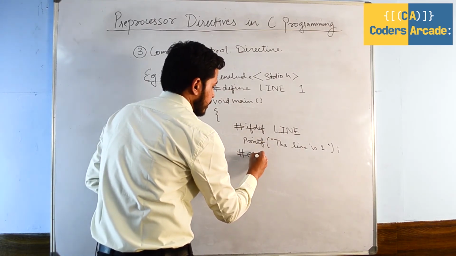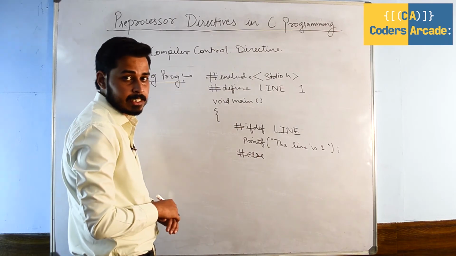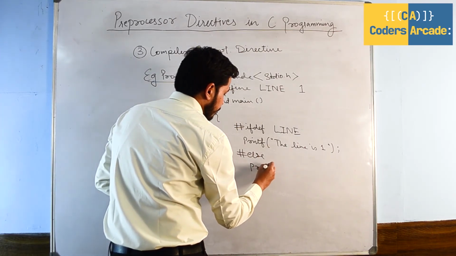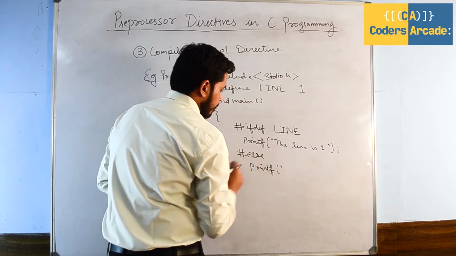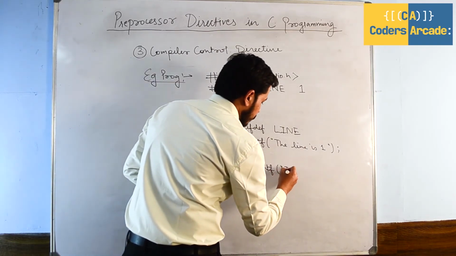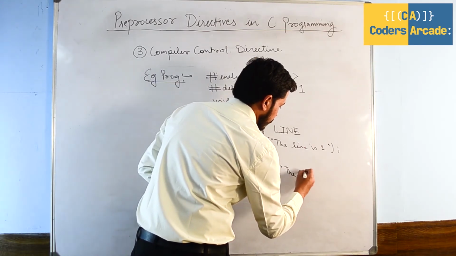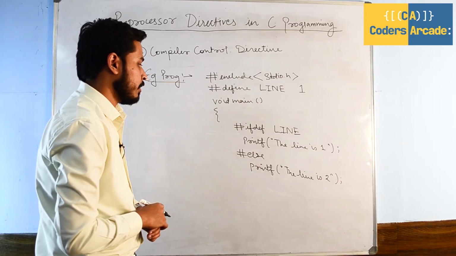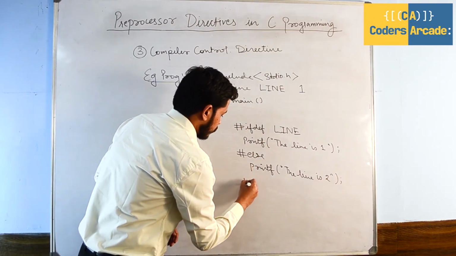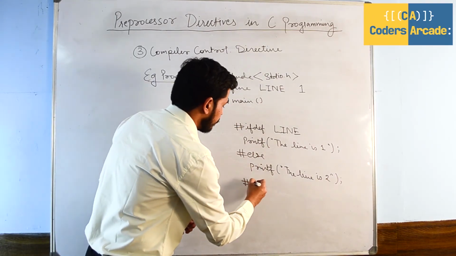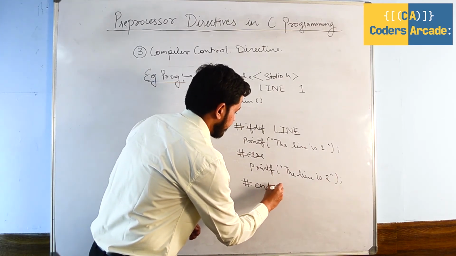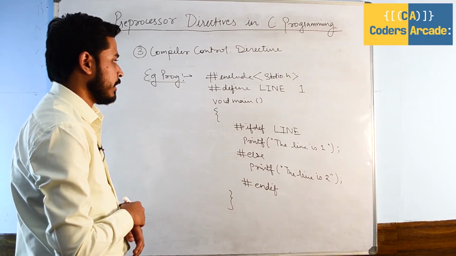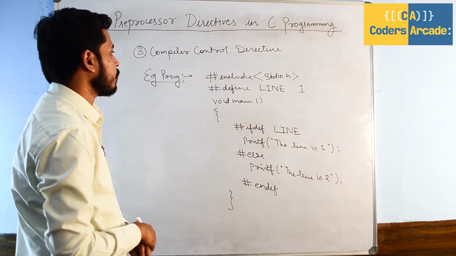Else, I'm using the #else directive, #else printf "the line is 2". Okay, then I will just end it. So how will I end it? #endif, and I'll close my main function. So here is the example program.